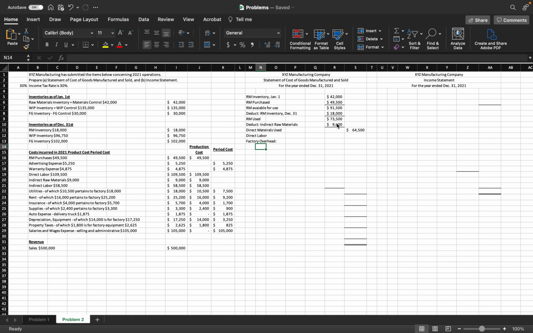And now for the factory overhead, we're going to have indirect raw materials, indirect labor, utilities, rent, insurance, supplies, depreciation, property taxes.